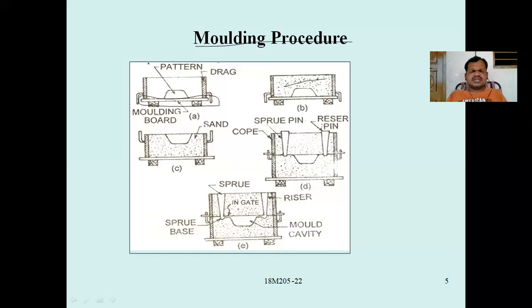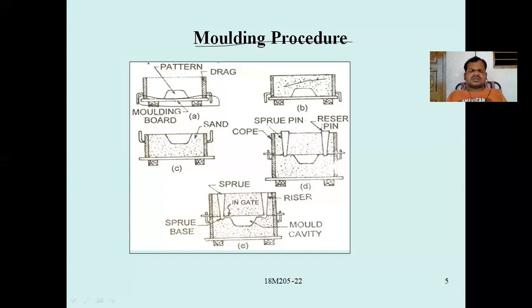Once again, see clearly, molding board and draw box, and see here molding board as well as core box, and in the C diagram, here we have molding board as well as draw box, and pattern also is there. Next coming to D, here also same, the complete setup is there.